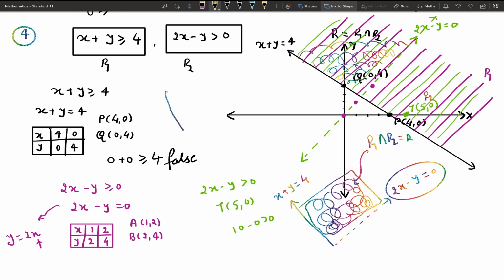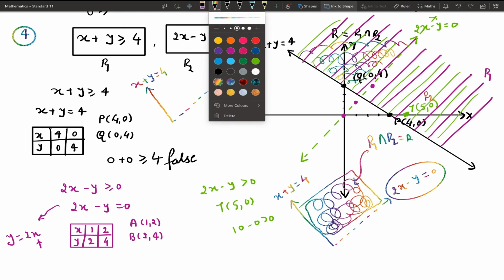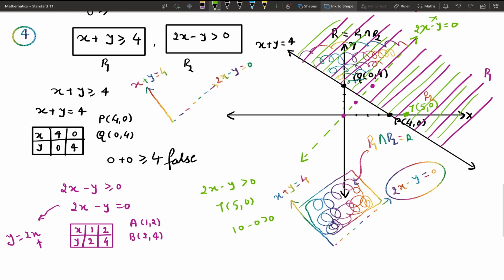So again, separately we denote this as x plus y equal to 4, this as 2x minus y equal to 0, and this is R1 intersection R2.